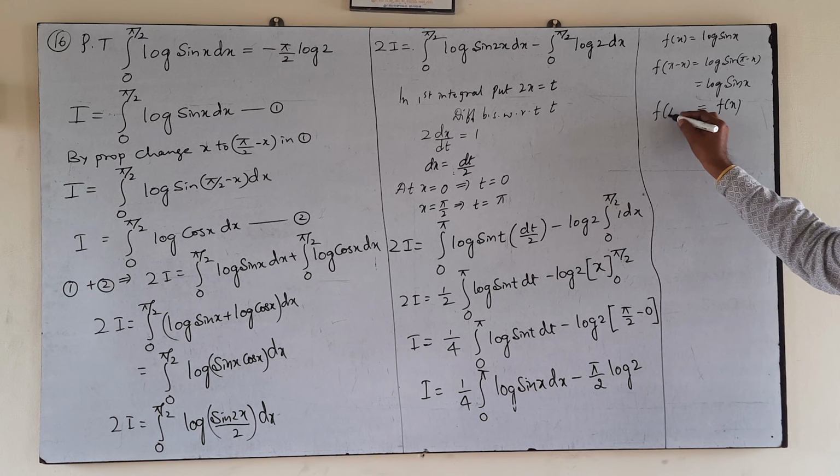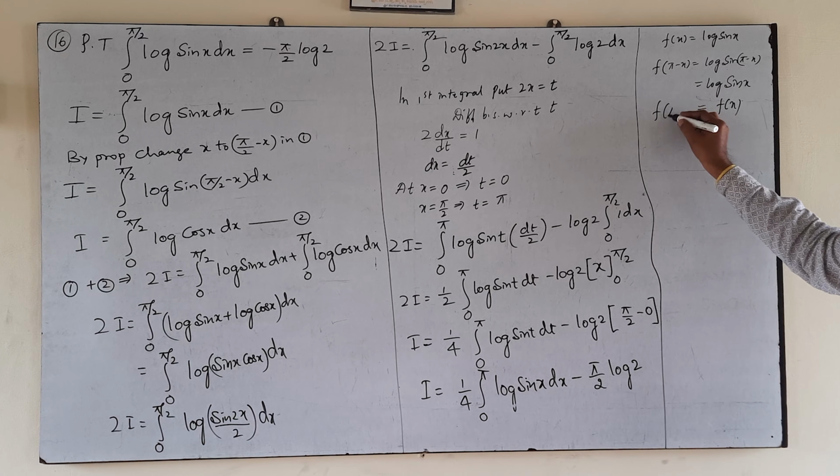Property number 7, write it down for your reference, because this often comes in exams. Okay, so I is equal to 2 1s are 2, 2 2s are 1 by 2, integral from 0 to pi by 2 of log sin x with respect to x minus pi by 2 into log 2, that is 1 by 2.